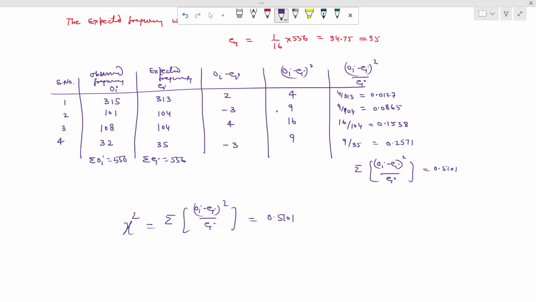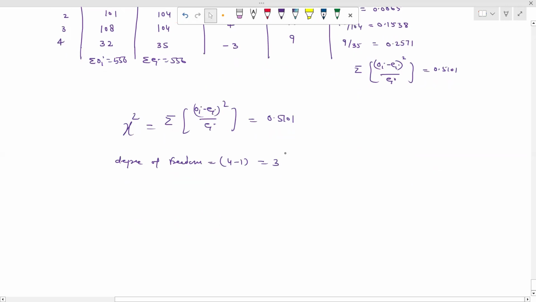Now the degree of freedom. Here the serial number is 4, so k is equal to 4. So 4 minus 1 is equal to 3. The degree of freedom is 3. At 3 degrees of freedom, what is the value of chi-square?